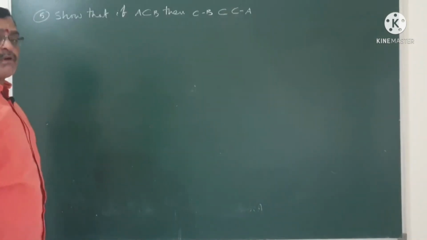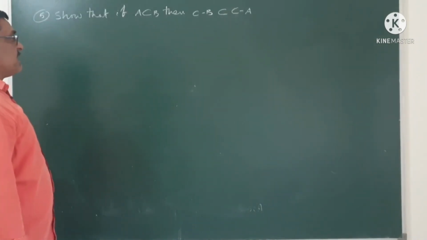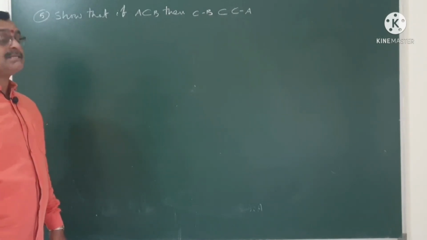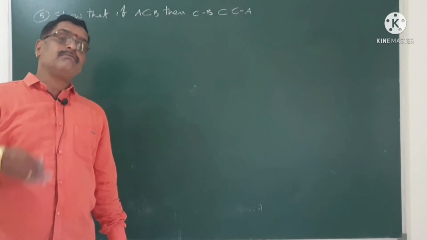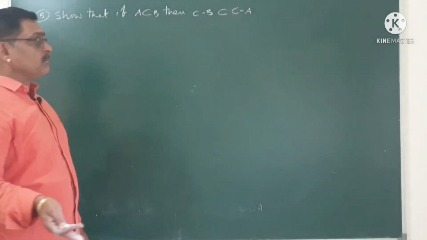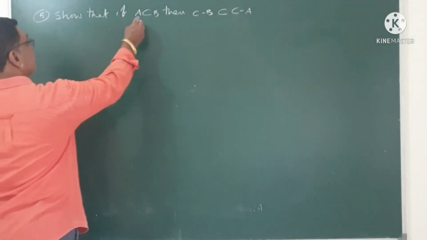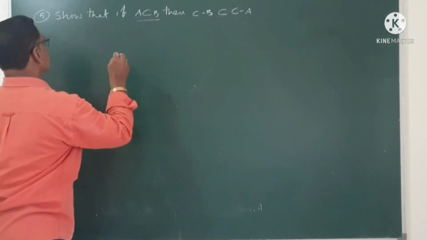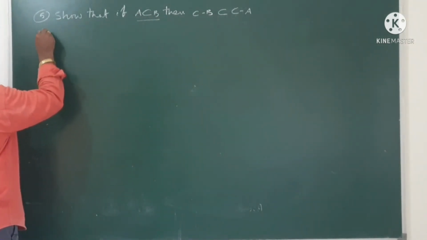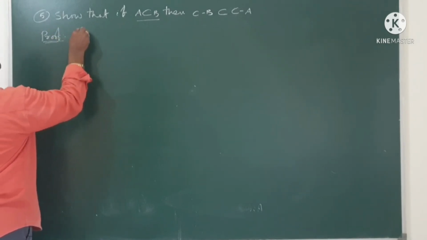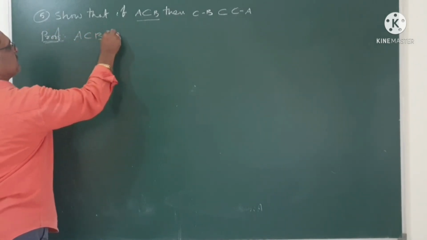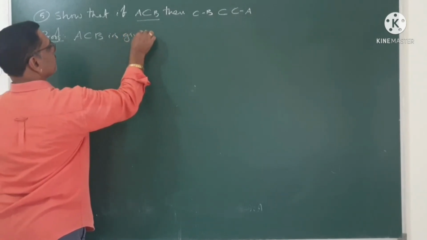Next question is the fifth one. Show that if A is a subset of B, then C minus B is also a subset of C minus A for any set C. A is a subset of B is given. We have to show that. Proof. A is a subset of B is given.